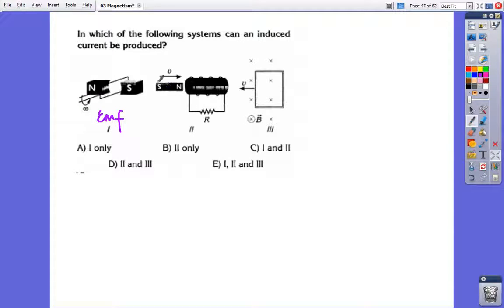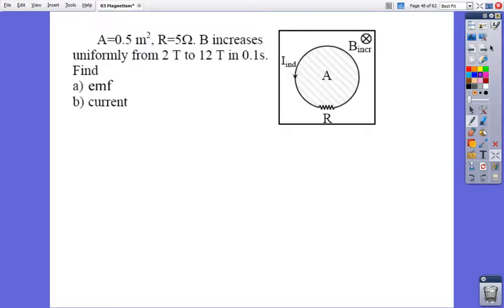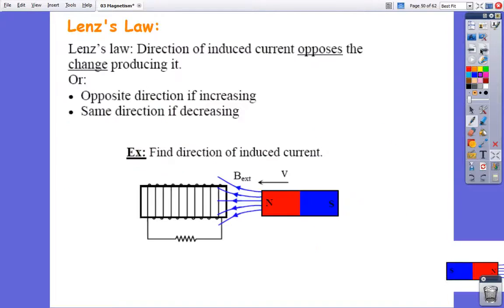The second one, this magnetic bar is moving to the right, so it will also create EMF. But the third one, it cannot, because when this loop is moving to the right, the magnetic flux inside this will not change. As you can see, there is no change in magnetic field strength, and there is no change in area. So 1 and 2. I'm going to check. Okay.